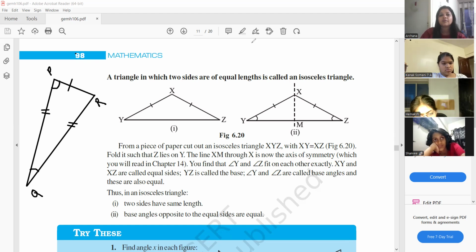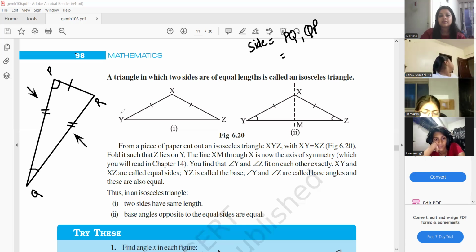First of all, whenever we read the name of a side, it is always read as PQ or QP. We are talking about this side when I am writing this. If I have to read the name of this side, how will I write? Tell me. QP and QR. This one, this side.